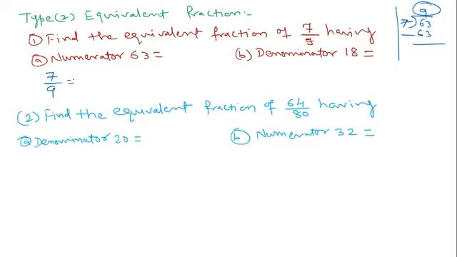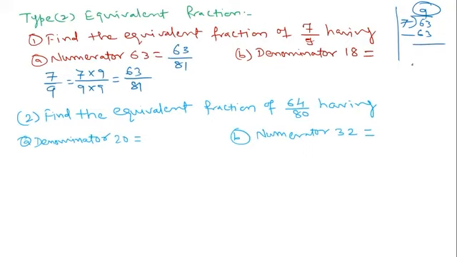So multiply the numerator by 9 and the denominator by 9, because to find the equivalent fraction, we know the method that you have to multiply by the same number. So it will become 63 divided by 81.